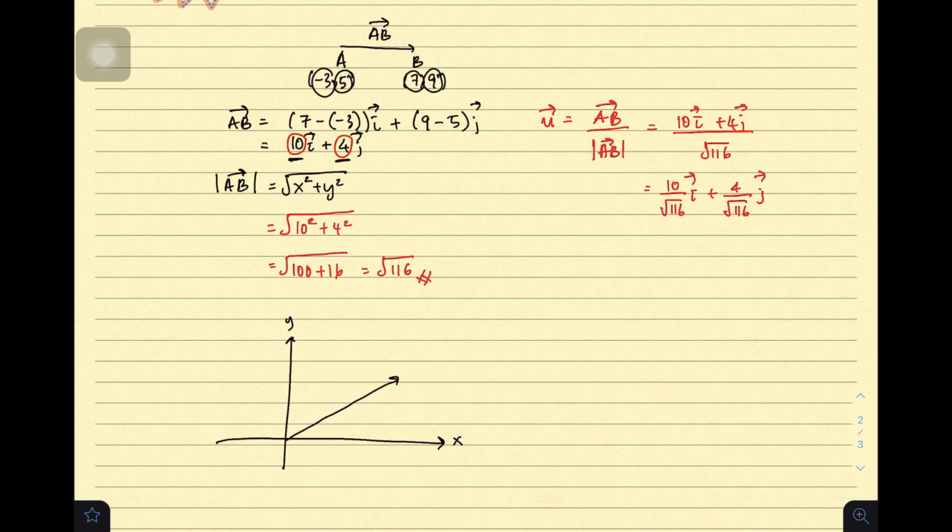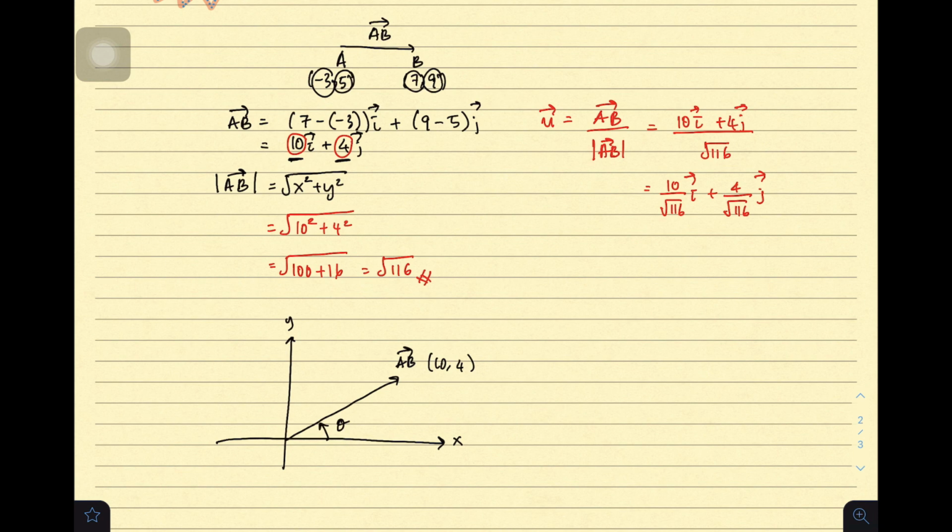Let's say this is the vector AB, which is 10i plus 4j, or you can write it simply as the point (10, 4), meaning 10 for x and 4 for y. So now you know where the angle between the x-axis and the vector AB is.